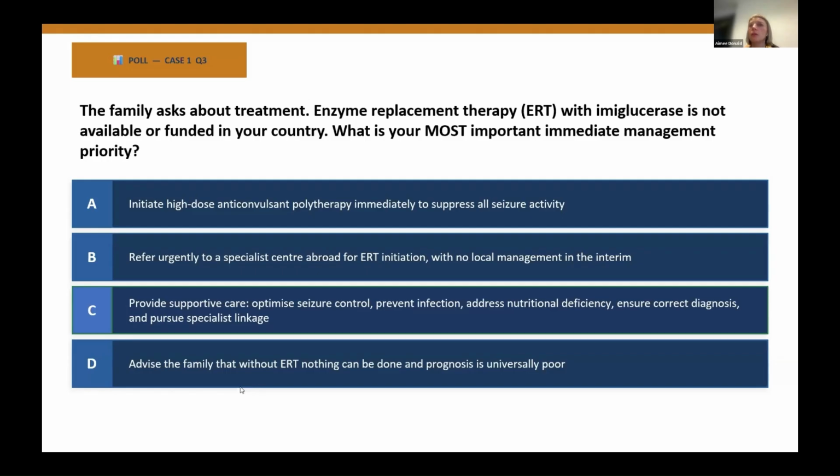B, refer urgently to a specialist centre abroad to get access to ERT. C, provide supportive care. So optimize your seizure control, prevent infection, address nutritional deficiencies, ensure the correct diagnosis and pursue specialist linkage. Or D, advise the family that without ERT, nothing can be done and the prognosis is universally poor.